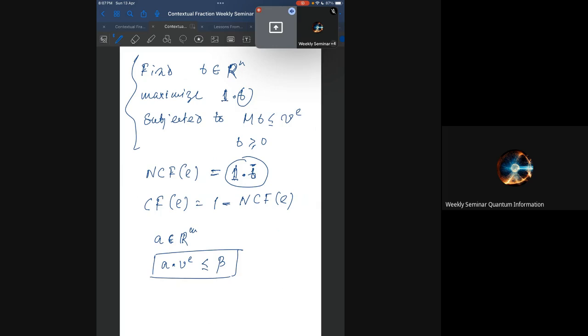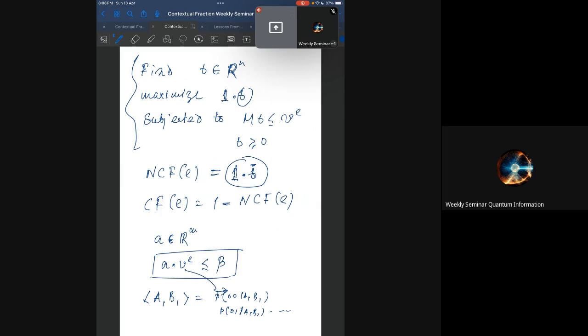So basically this V^e contains all the probabilities of individual contexts, let's say for CHSH kind of thing. I'm just comparing it for better understanding. What we basically calculate in CHSH are expectation values, and these expectation values contain the probability of 0, 0 for A1, B1, and the probability of 0, 1 for A1, B1, and so on. These four probabilities. So these elements of V^e are these probabilities, coming from a single context.